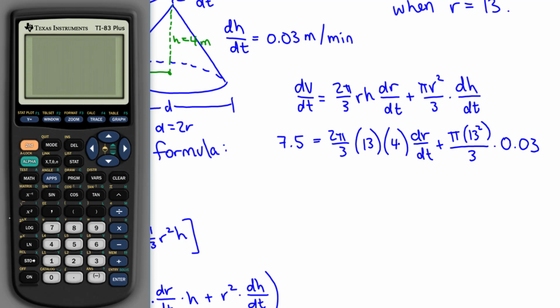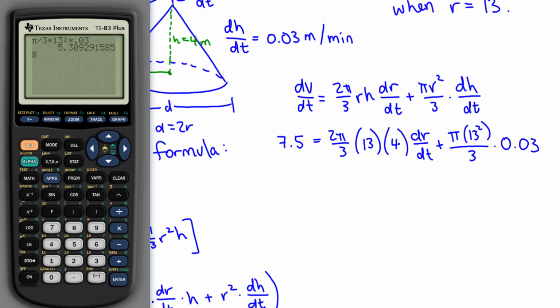Okay, and what I'm going to do then is start calculating. Let's begin with the term pi over 3 times 13 squared. And right now this is all multiplication and division, so it doesn't really matter what order I do it in. Then times 0.03. So I've got 5.309. I'll just use 3 decimal places for right now.